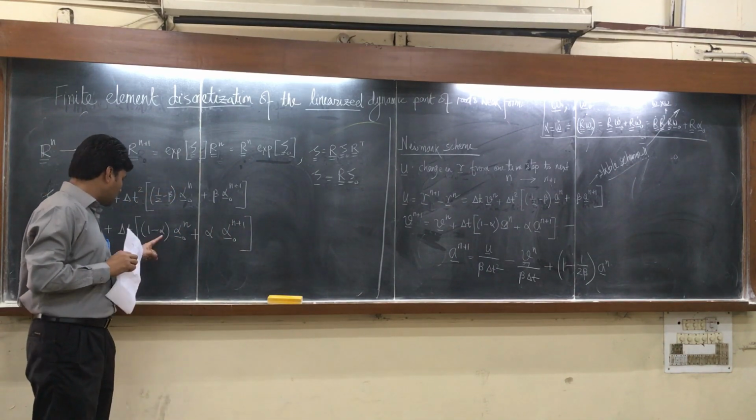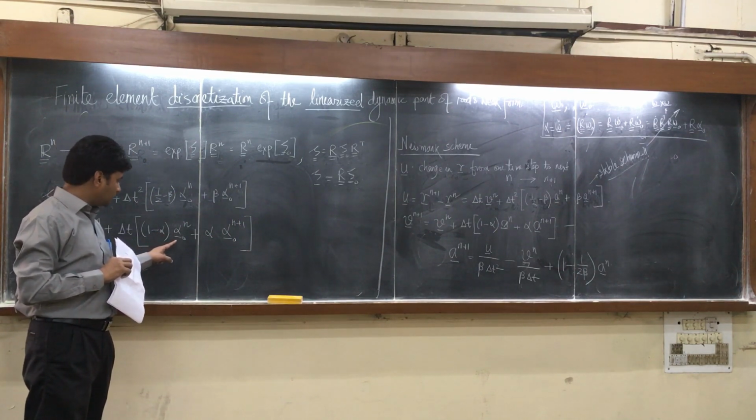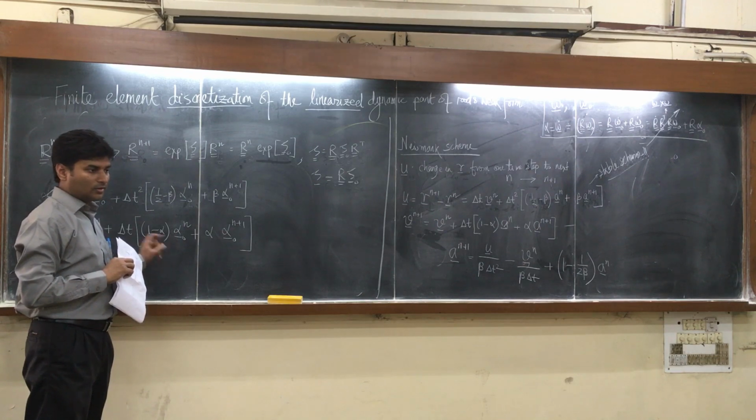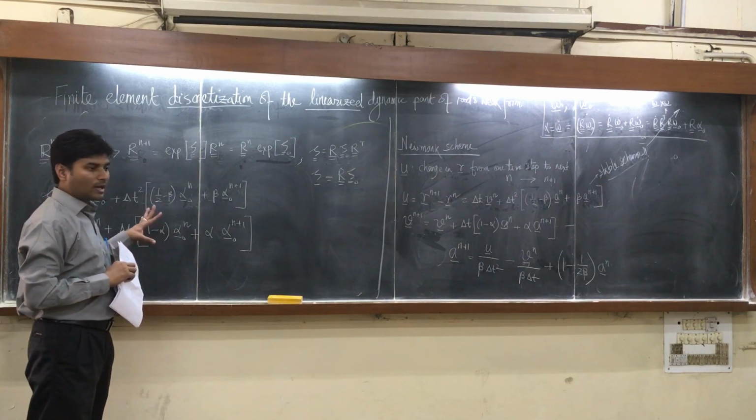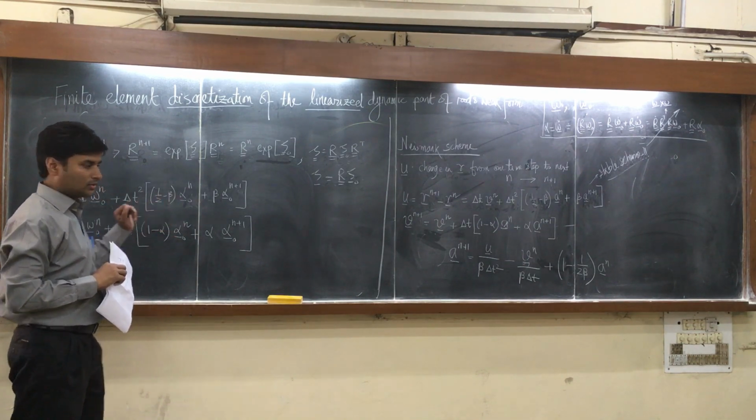See, don't confuse this alpha with this alpha. This is a scalar alpha, whereas this is a vector alpha. This alpha and beta are the parameters of the Newmark scheme, where this alpha vector is the angular acceleration.